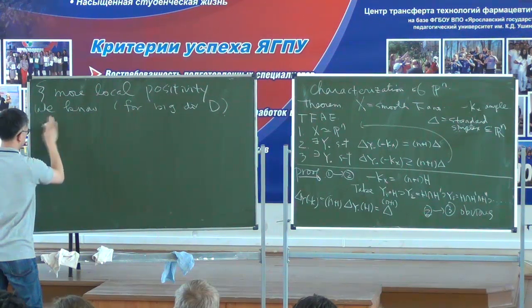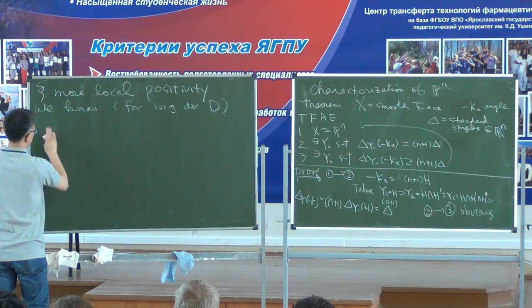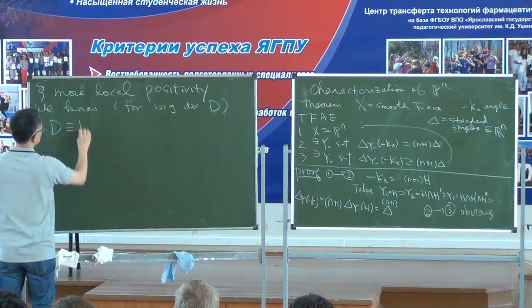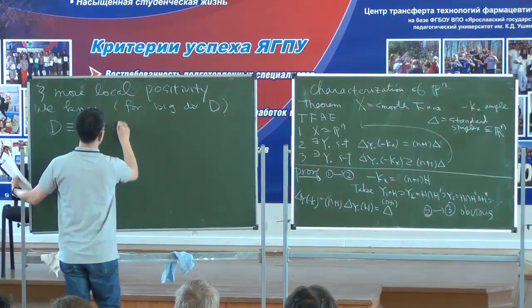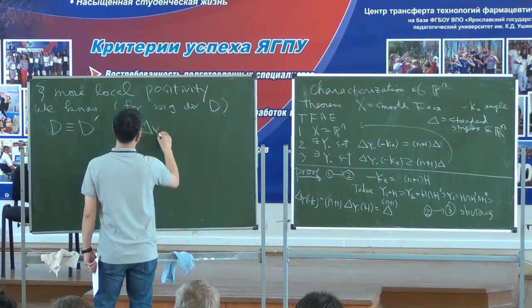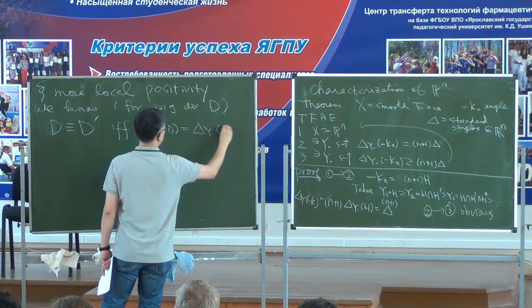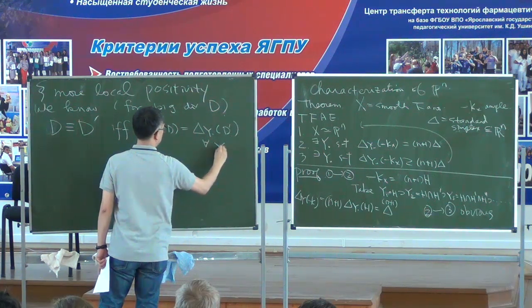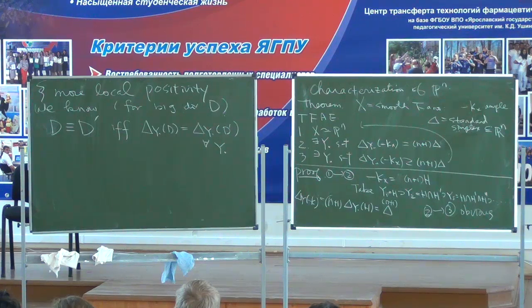on X, D is numerically equivalent to D prime if and only if the Okounkov bodies are always the same. So we know this fact. Okay.